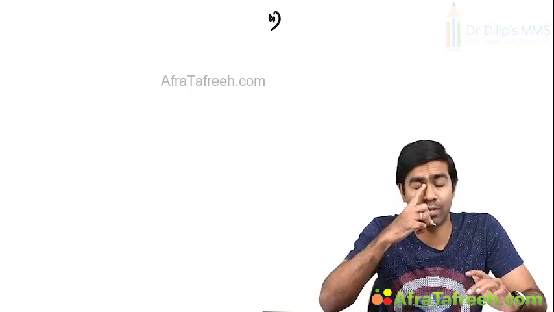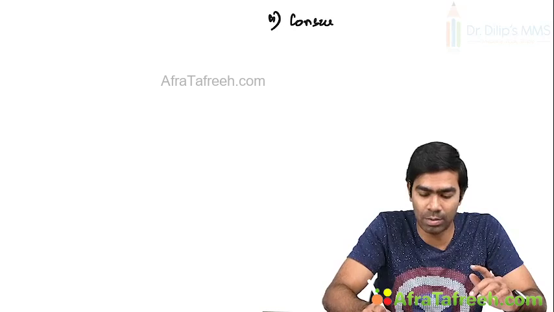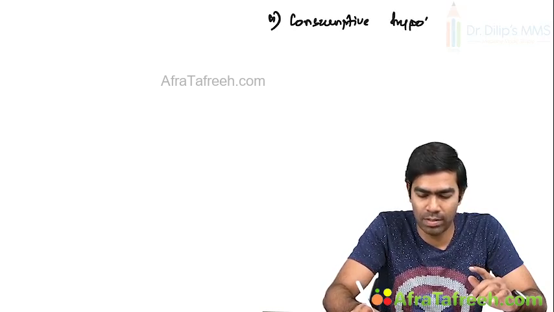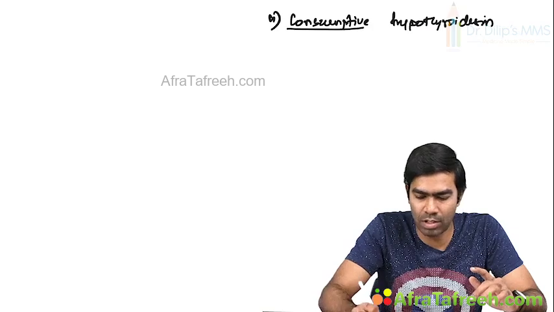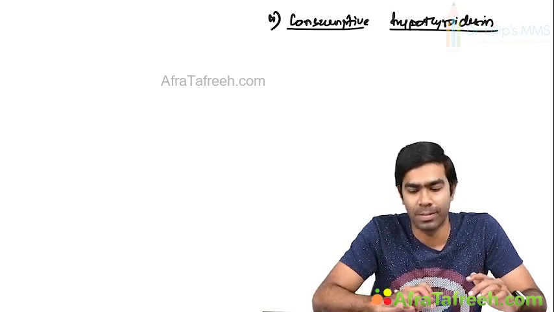And finally, the number 4 cause, another cause of hypothyroidism that is upcoming, is a new terminology called consumptive hypothyroidism. This is a very, very emerging concept. What do you mean by that?